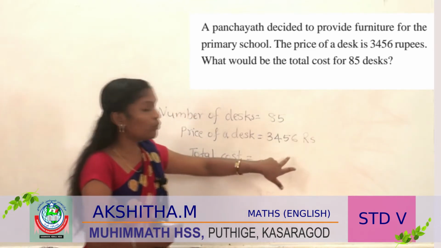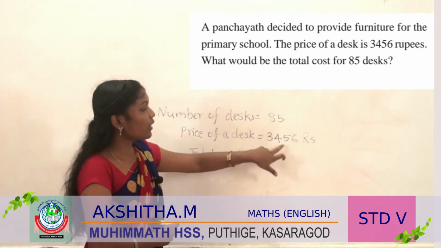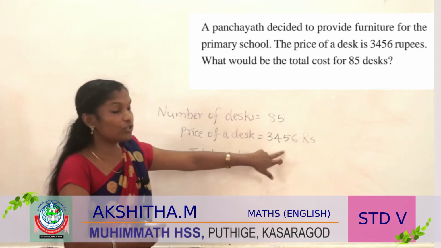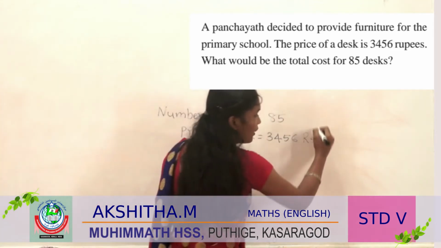So what do we have to do here? 3456 into 85. We have to find out the answer.